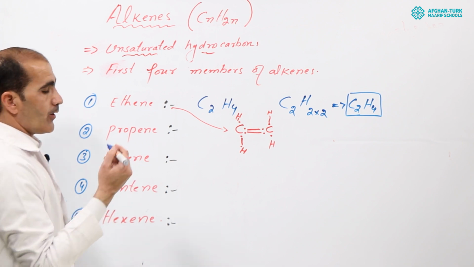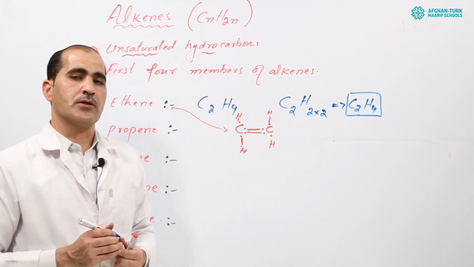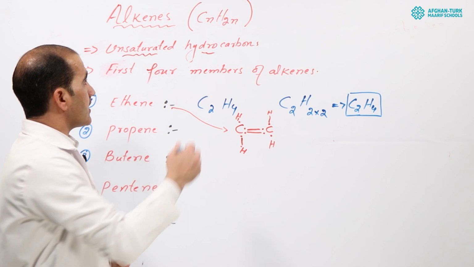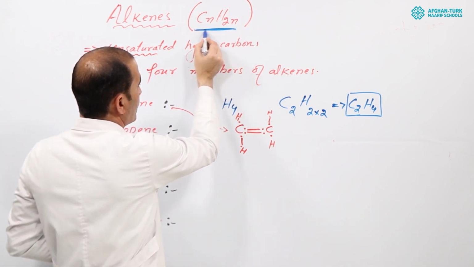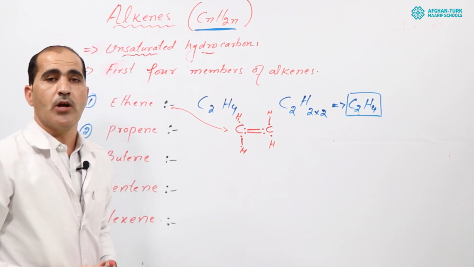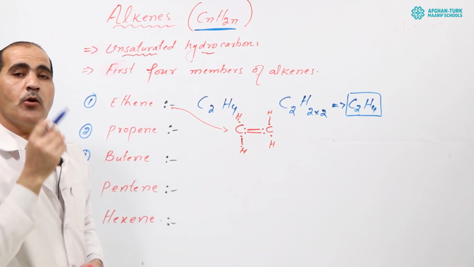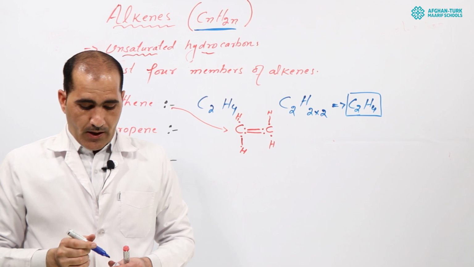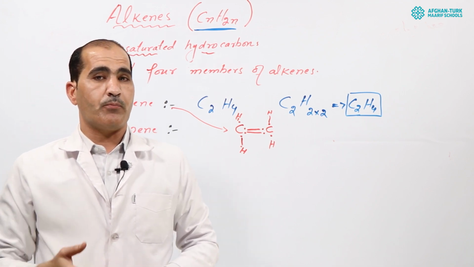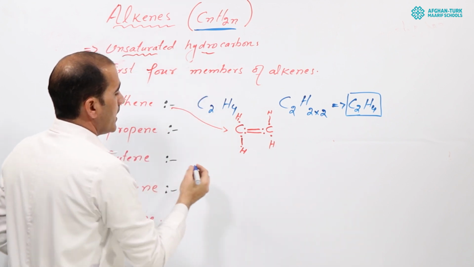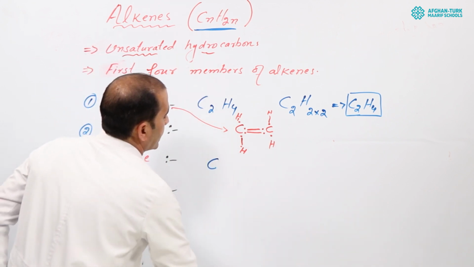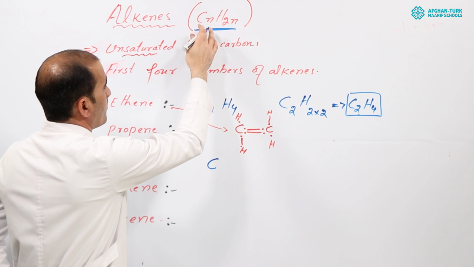If someone asks you to write the formula of propene, you can directly use the general formula. Prop means 3 carbons.